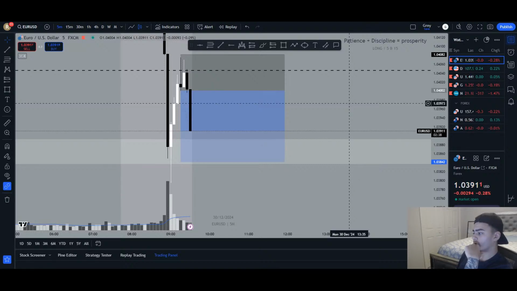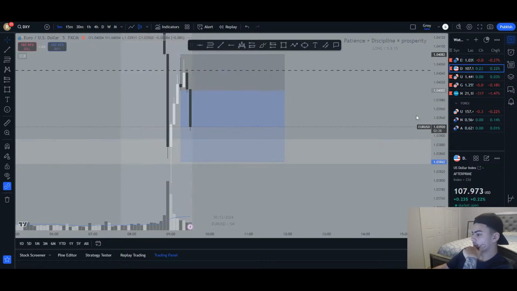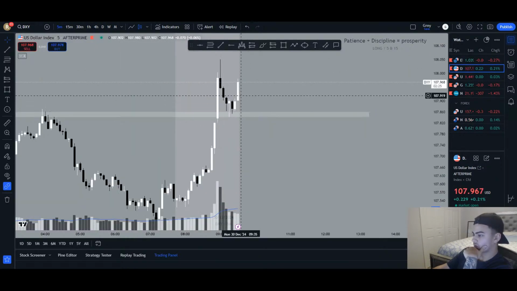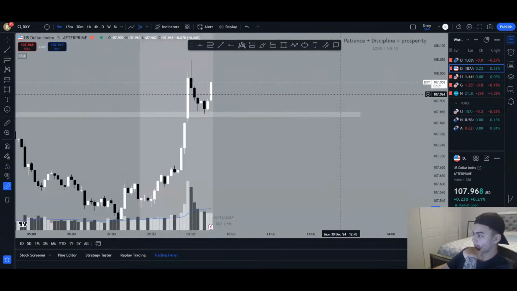Looks very good. 2 minutes, 30 seconds left. Could still have a reversal, but I doubt it. Check out DXY. DXY looks really good too.